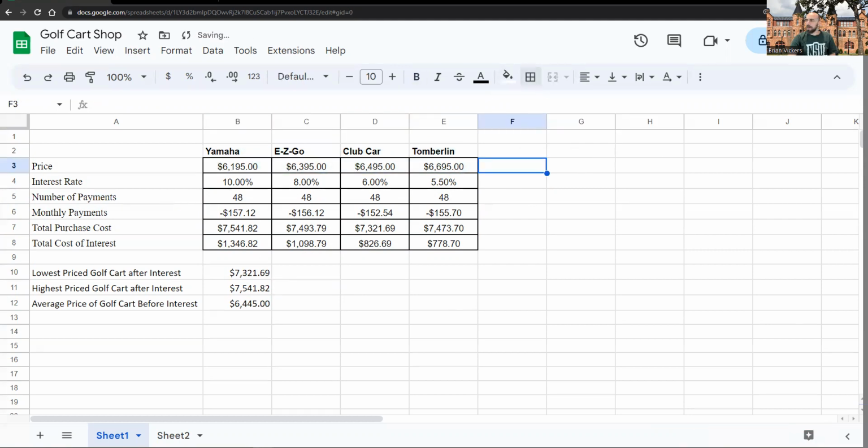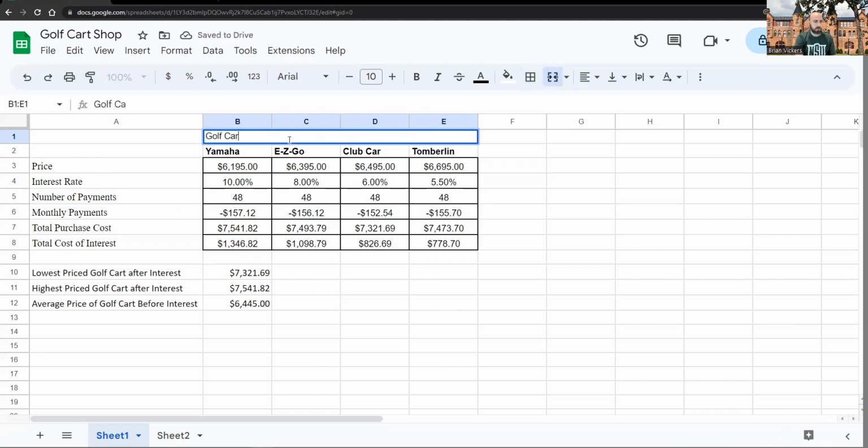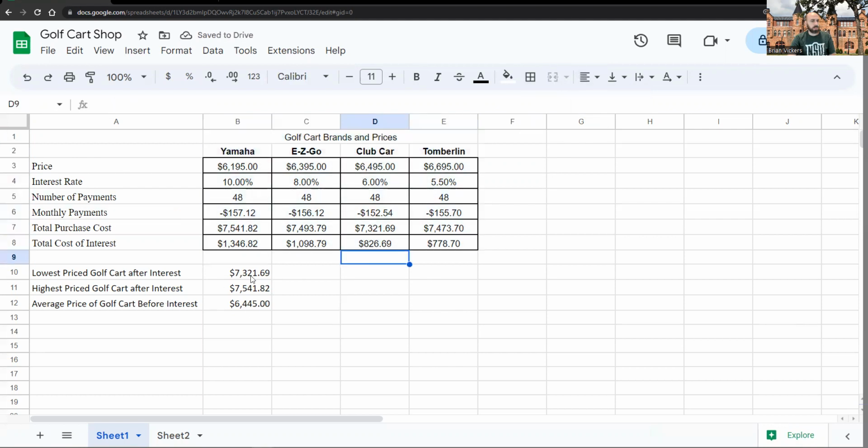And then, just to label what's going on, right here I could put a merge cell and say golf cart brands and prices. And centering everything, I think, looks better on these kinds of things.